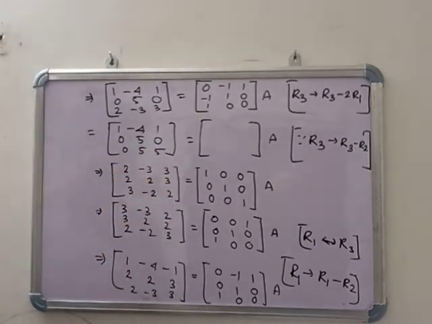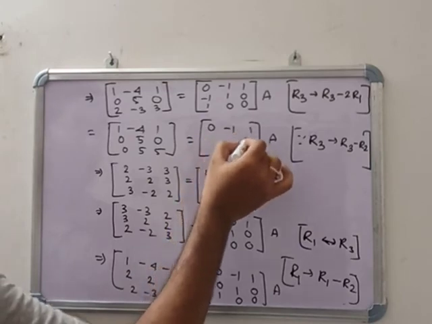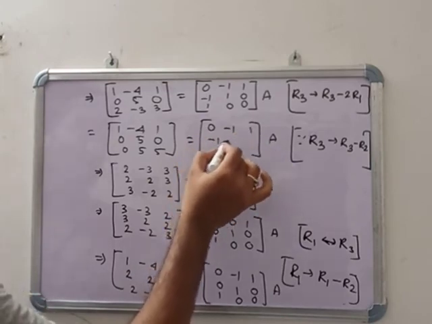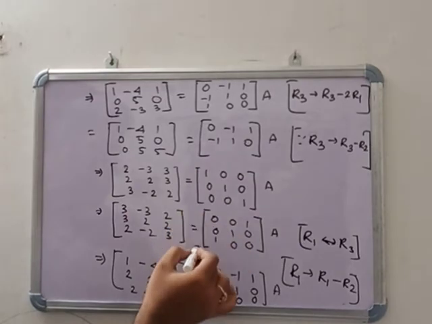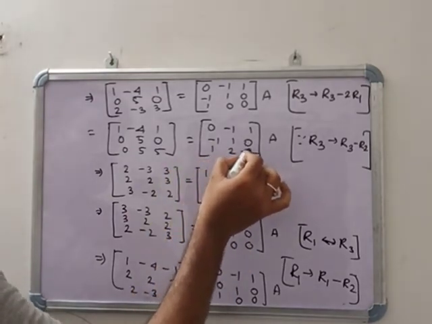Okay. And this one 0 minus 1, 1, minus 1, 1, 0, and 1, 2 minus 2. Okay.